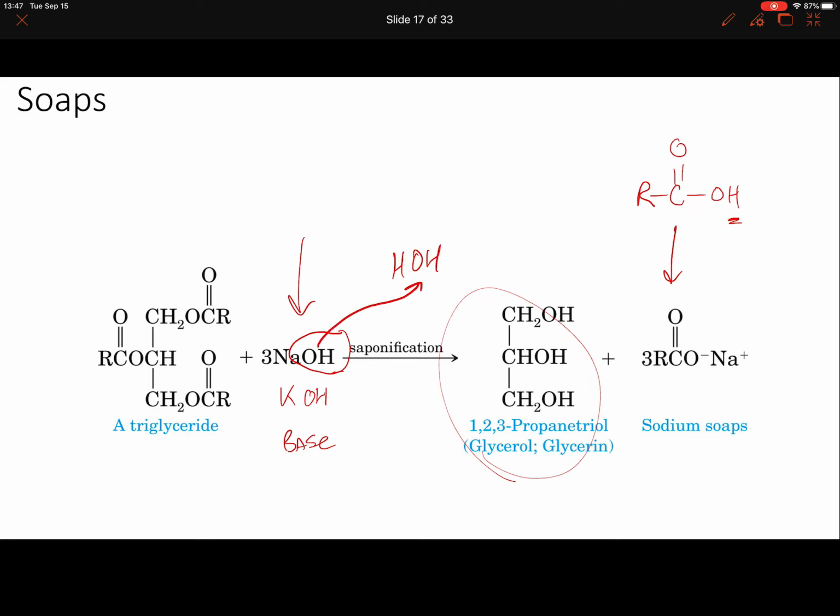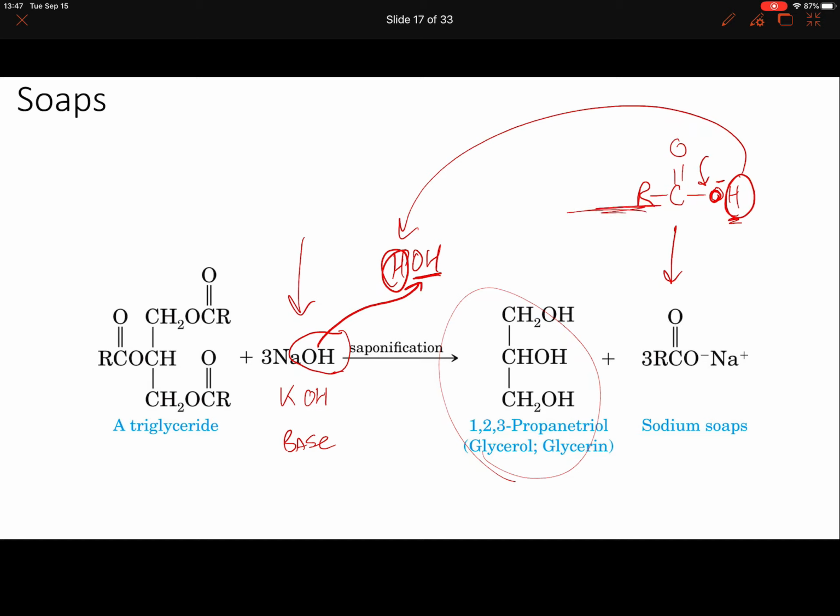The sodium hydroxide provided the OH. The H here provided the other H, and then we got water. That's what acids and bases do. They react to make water. The leftovers now is this C double bond O with now a negative charge on this O.